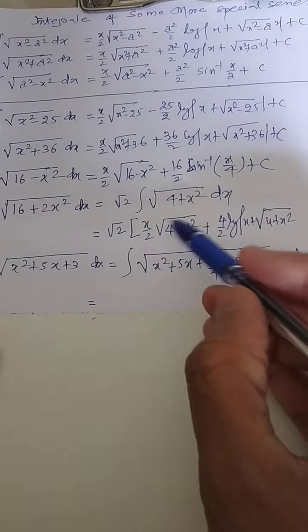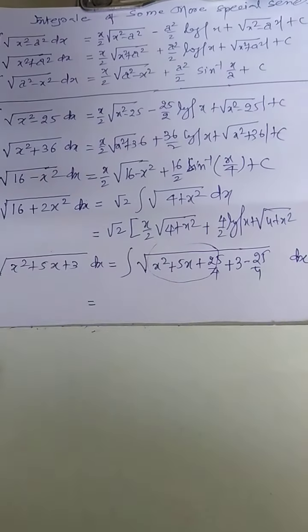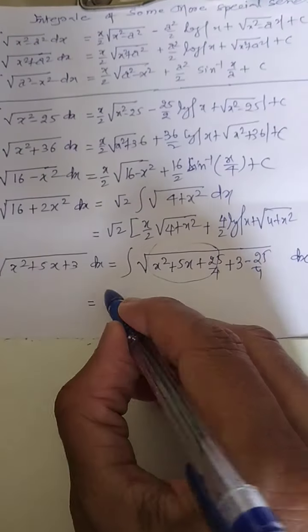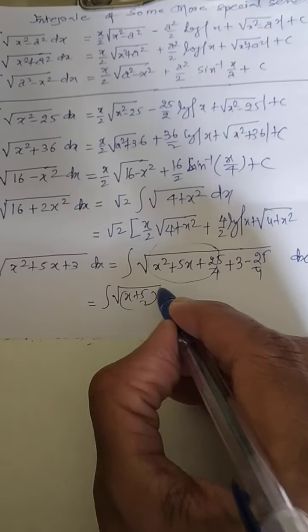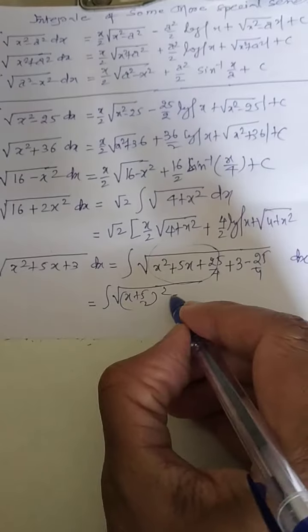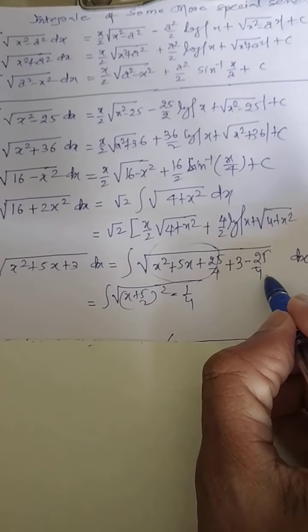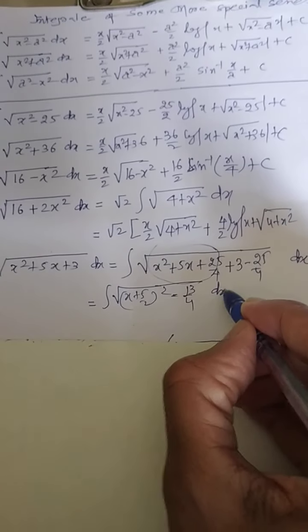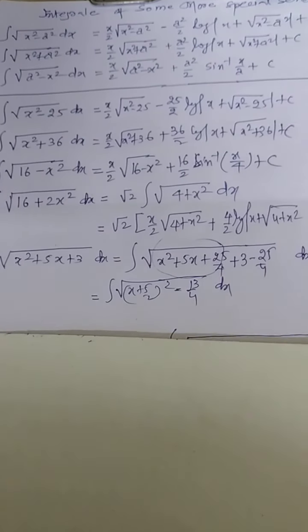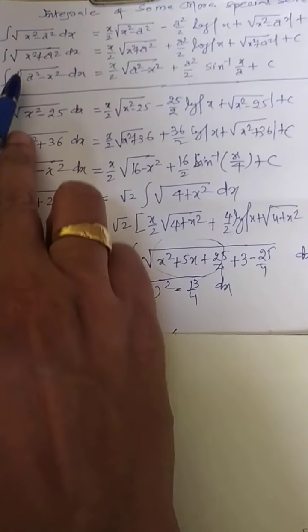Now this becomes a complete square. So what you will get: integration of x plus 5 by 2 the whole square, minus 13 by 4 dx. Now which type? This is the type where minus is there, meaning the first type.